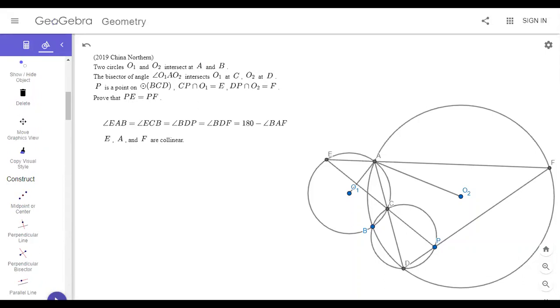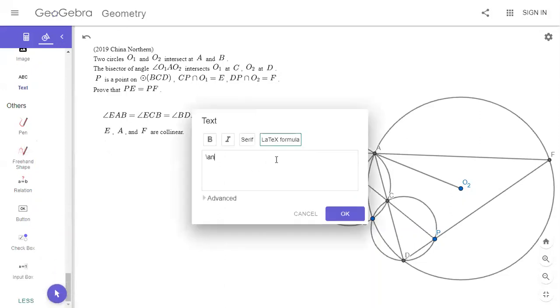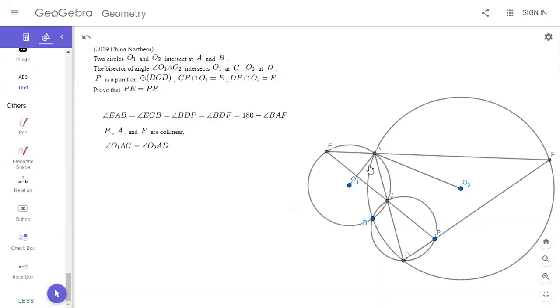Okay, good point. So AD, this is because that's the angle bisector. And so those two triangles are similar, and that pretty much solves it.